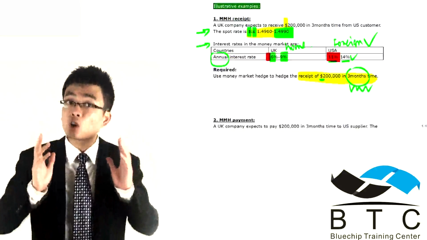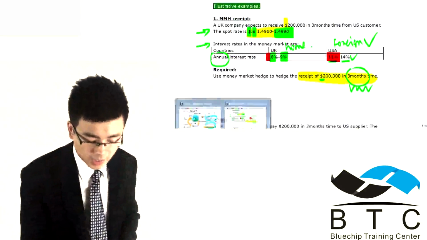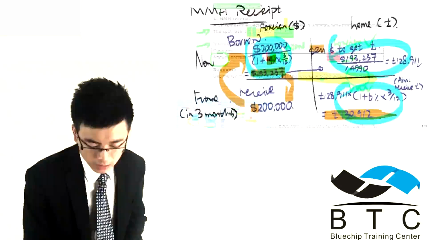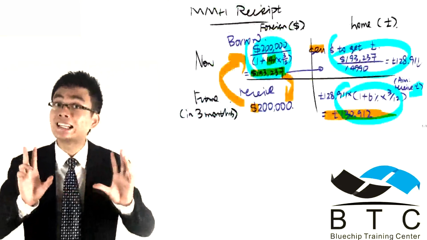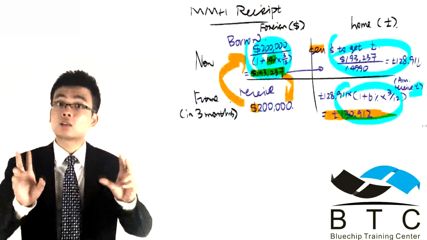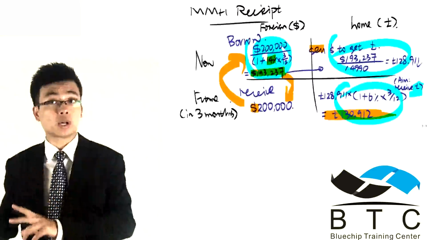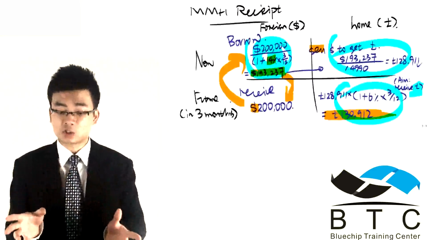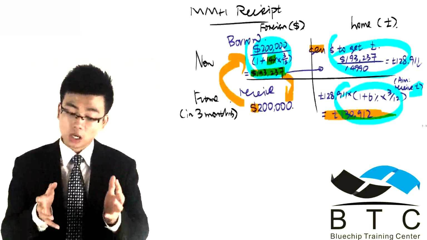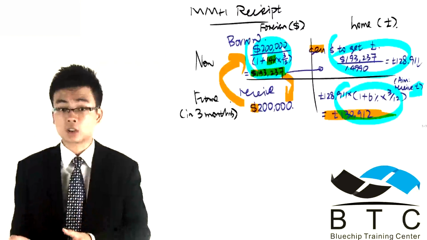Because your aim is to try to receive in UK pounds, you're going to eliminate the foreign exchange rate risk. So that's the reason why we're going to create a series of transactions and try to arrive at our aim, receiving UK pounds.